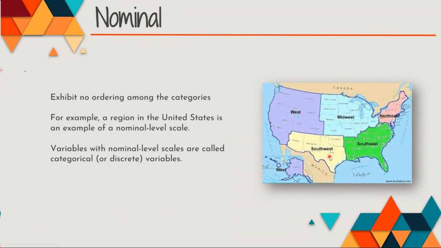We know that West and Southwest, there's no ordering between those two. I mean, we may have preferences. We may like LA a little bit better than Austin, but there's no ordering among the categories. So when you're thinking about states, these would be an example of a nominal level scale. They're also called categorical or discrete variables.